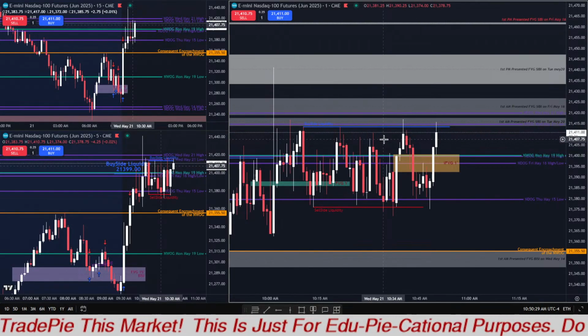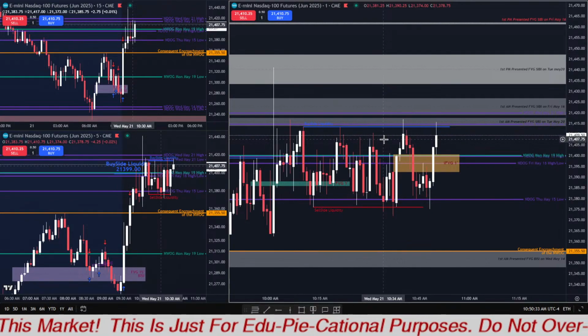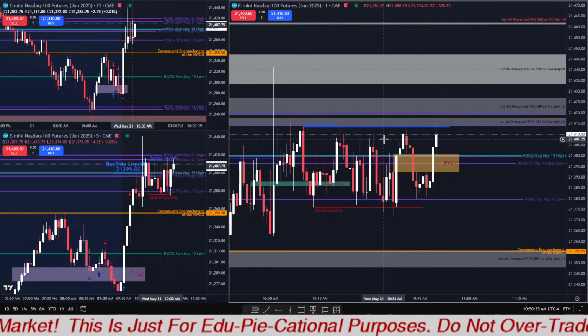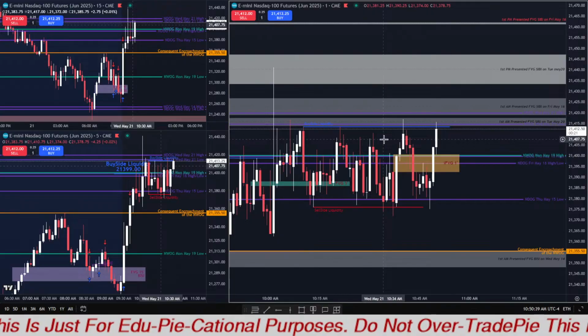Once again, we tap into the buy side liquidity and let's see if we can start going higher here in the macro time.